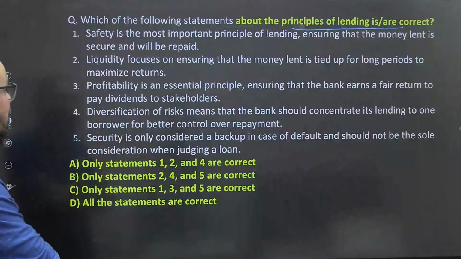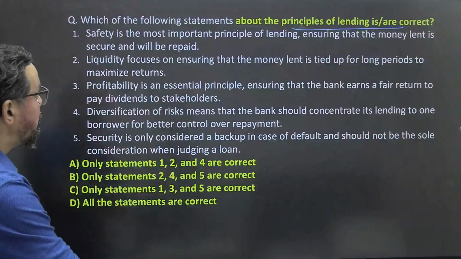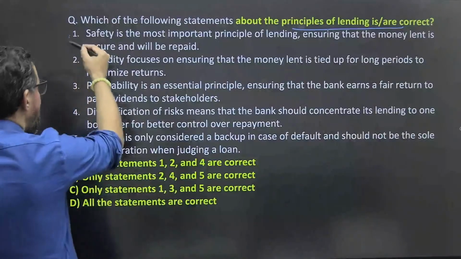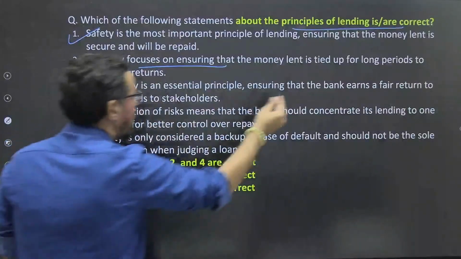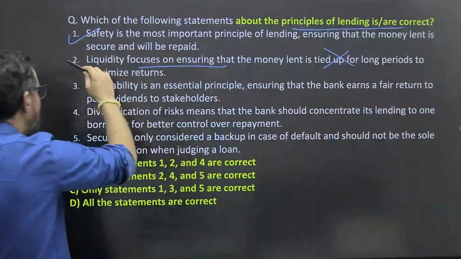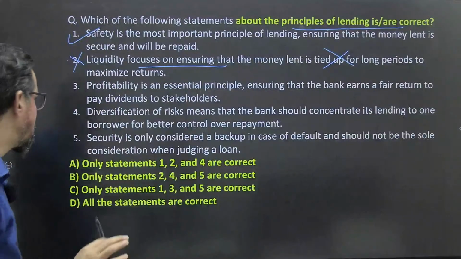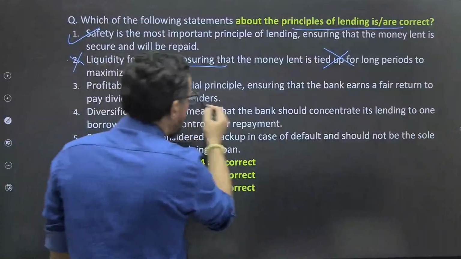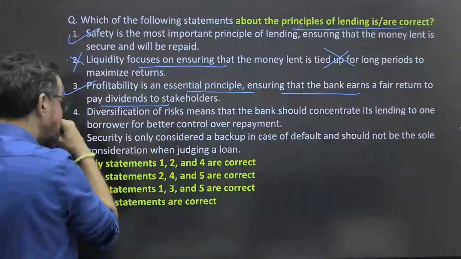So safety is the most important principle of lending, ensuring that the money lent is secured and will be repaid. True hai. Liquidity focuses on ensuring the money lent is tied up with the long term. No, this is wrong, team. Liquidity means how quickly and effectively we can convert that particular asset into cash. Profitability is an essential principle, ensuring that the bank earns fair returns and pays dividends to stakeholders. Yes.